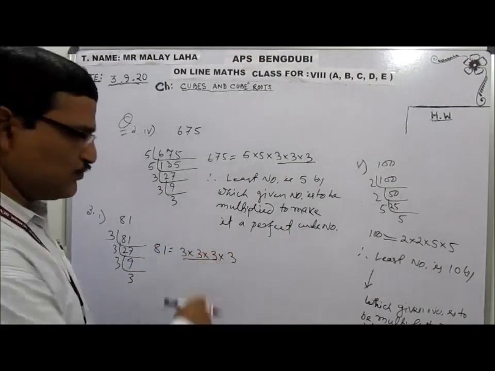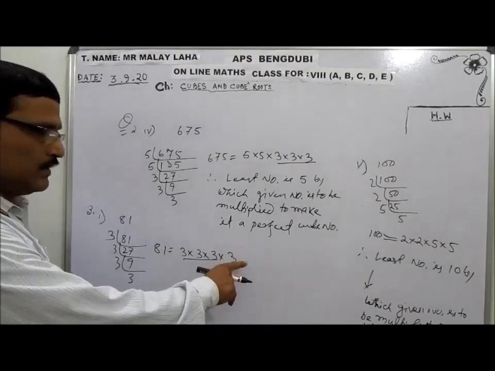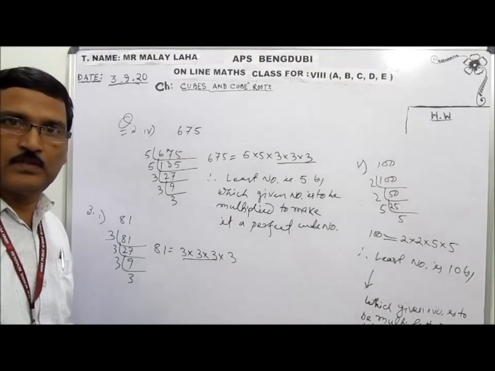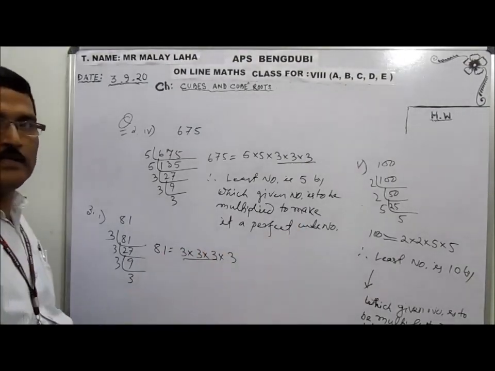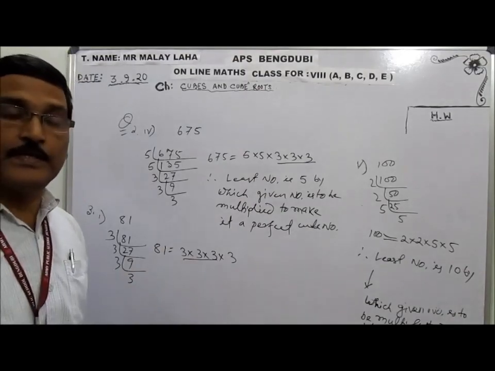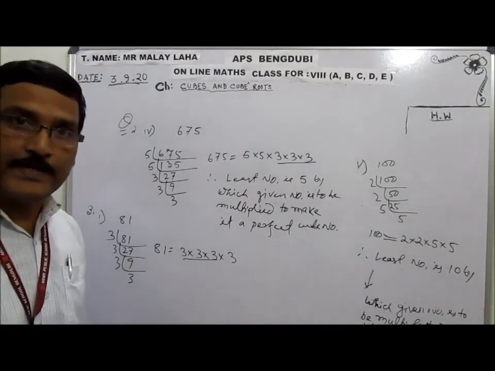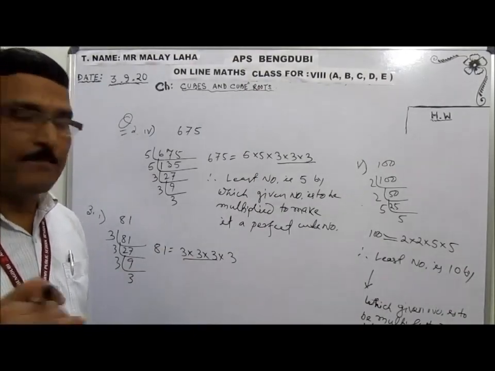In this situation, this one is extra, not in a group. You have to eliminate it. Therefore the least number is 3, by which the given number is to be divided to make it a perfect cube number.